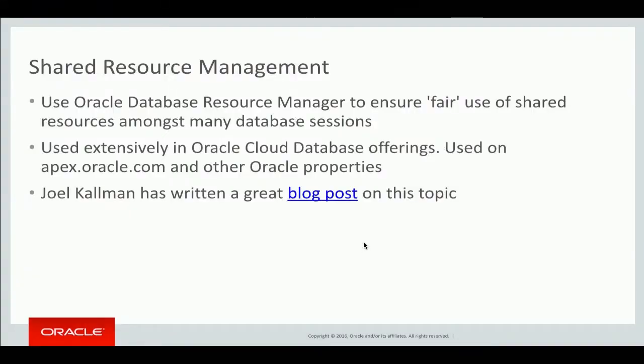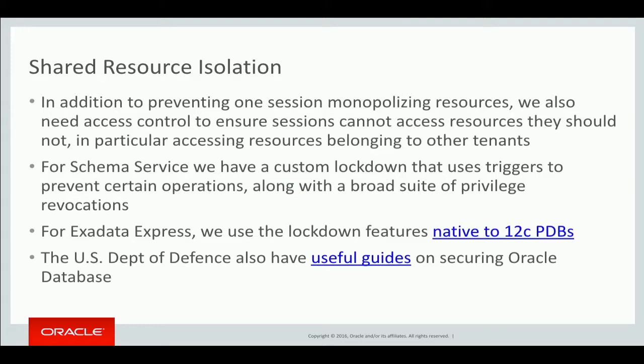We just talked about how we manage the sharing of resources. But the other side of that is we want to isolate tenants from each other. We don't want you to be able to see some other tenant's data. We call that locking down the database.